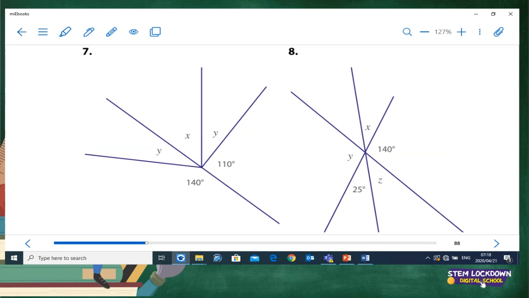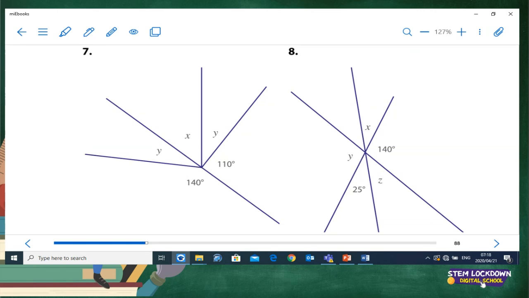And of course, this has shown that we have been able to use angles on a straight line as well as vertically opposite angles to find the missing angles. That is the principle that I wanted us to look at today. We have now covered angles on a straight line.